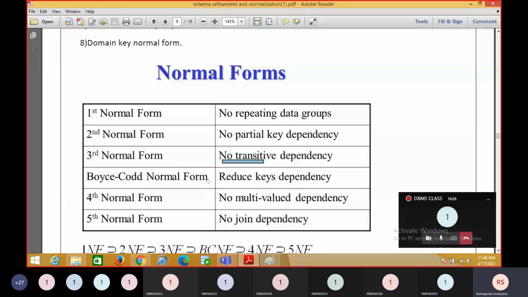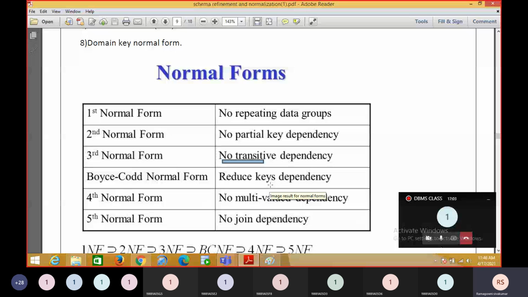Boyce-Codd normal form involves a non-trivial functional dependency, so we should reduce the key dependencies. Then it is in Boyce-Codd normal form. Here for every functional dependency, like A determines B, or B depends upon A, A must be a super key of that particular table.